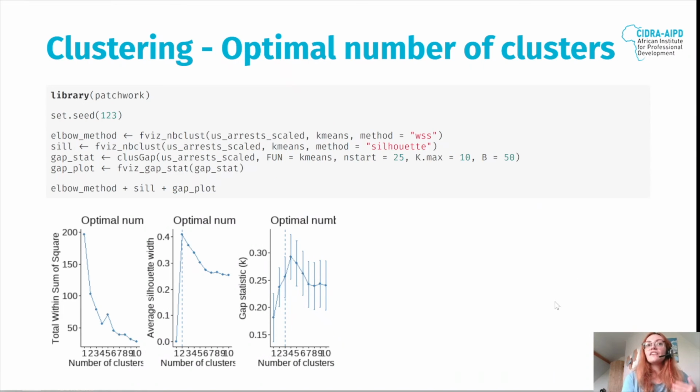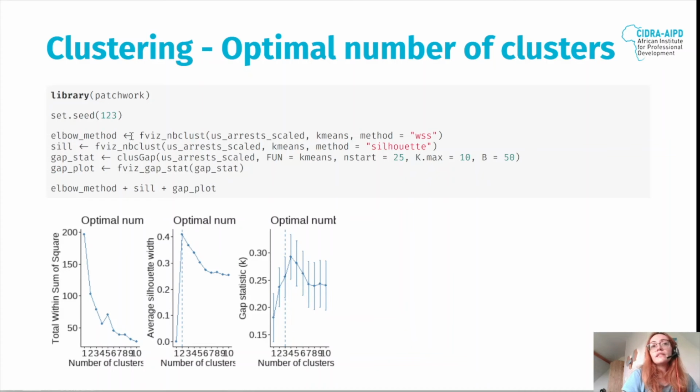So let's see the functions and why we called, for example, the elbow one elbow. I'm using this patchwork library just so I can put all the charts together, gluing all the charts in one so you can see and compare them. Again, I'm setting the seed so you can have the same values as I'm showing here.